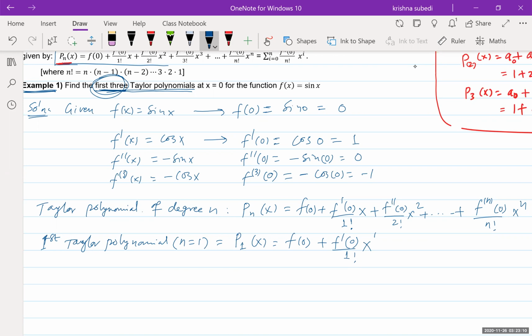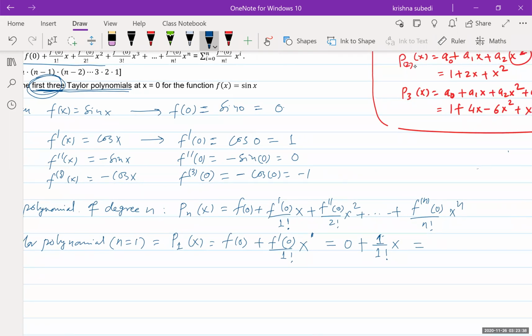Okay, so the power of x is 1, that means a first degree polynomial. You just go up to x power 1. Now substitute the values. f of 0 we already know is 0, plus f prime of 0 is 1 over factorial 1 times x. How much is that? It is simply x, right?